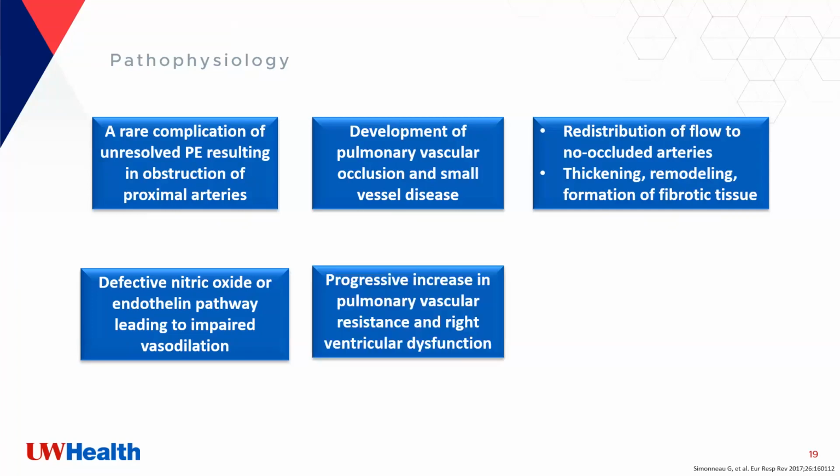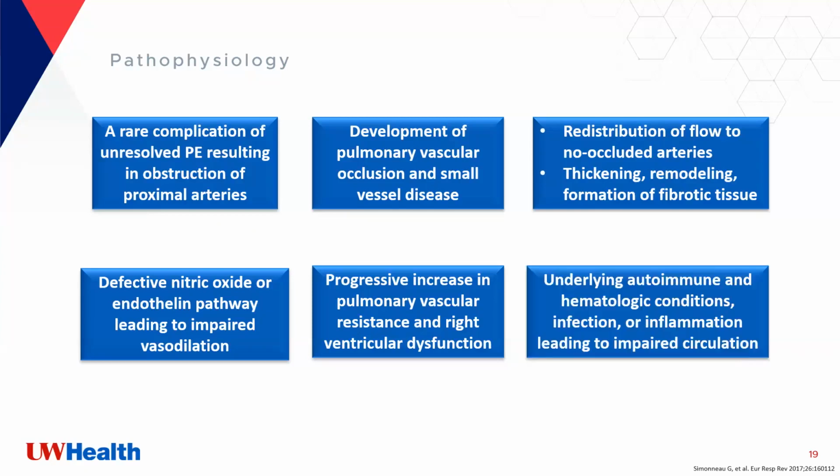So overall, these changes lead to disease progression, they increase pulmonary vascular resistance, making it hard for the right heart to push against the resistance, leading to ventricular dysfunction and myocardial fibrosis if disease is advanced. There are some other mechanisms, such as autoimmune disorders, hematologic disorders, infections, or inflammation that lead to impaired circulation and development of clots in lungs.